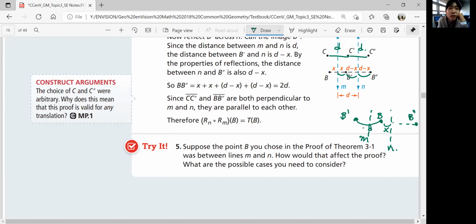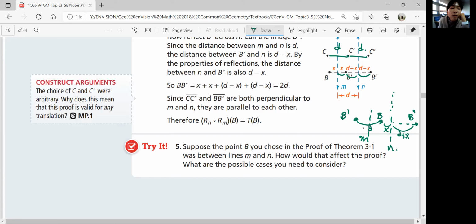So that should be D plus X because we need to reflect it across line N. So instead of D minus X, we're getting D plus X in this proof, but it should be on the other side of N. The distance between B and B prime prime is the distance between B and N plus the distance between N and B prime prime, right?